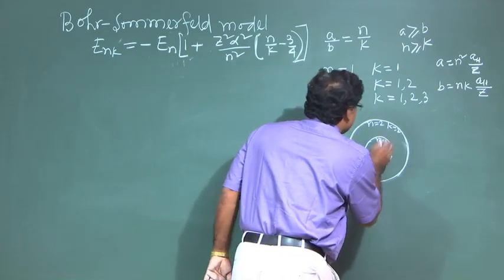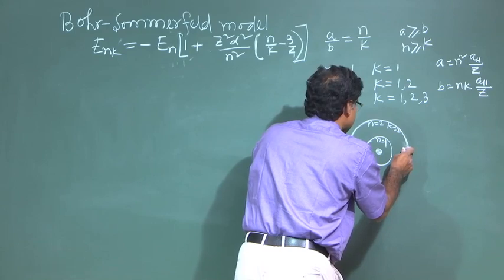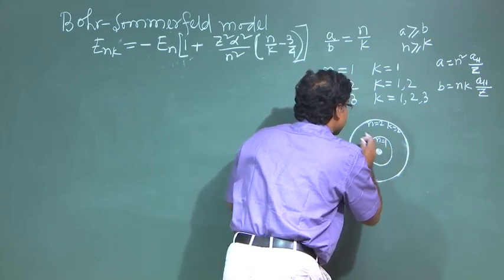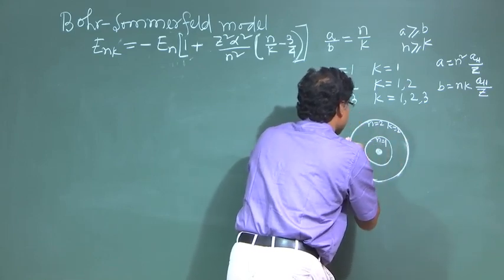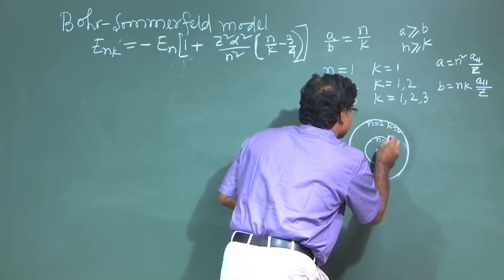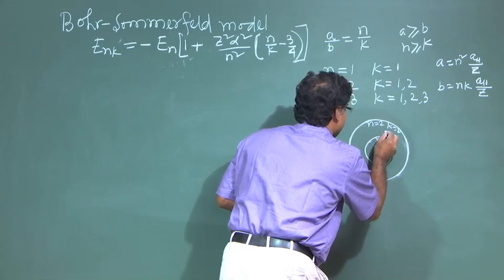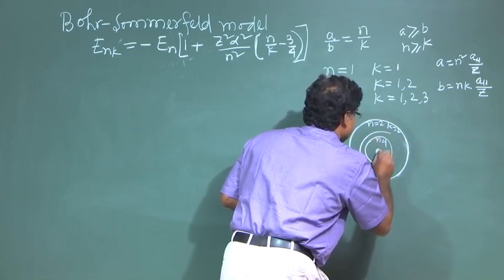So, whatever this a value is here, the radius, you will get basically a shifting of this one, keeping the same. Basically one can draw like this.